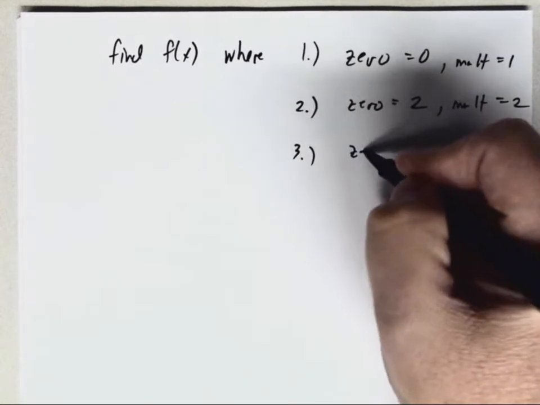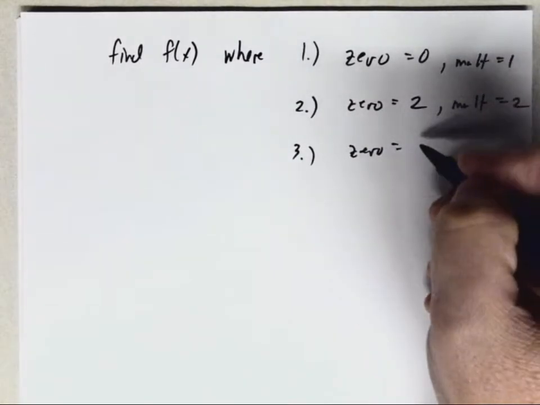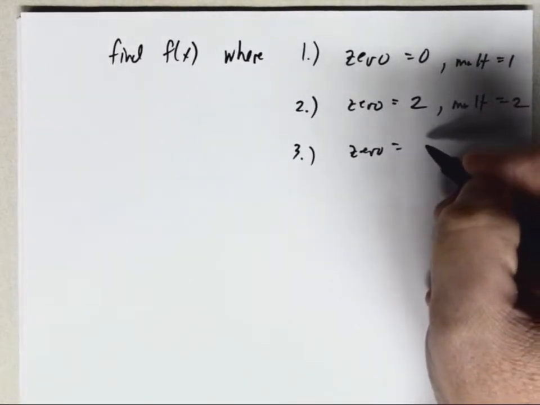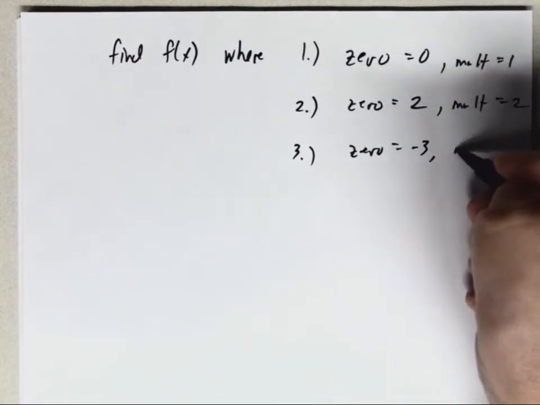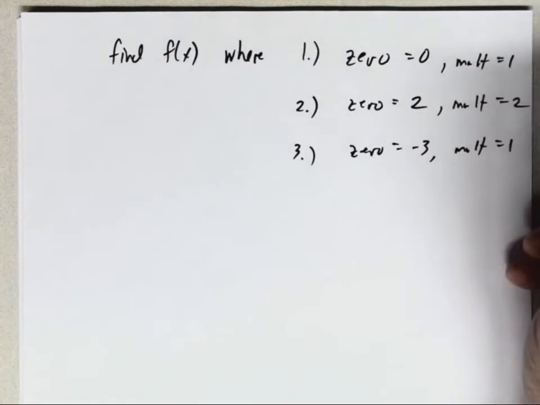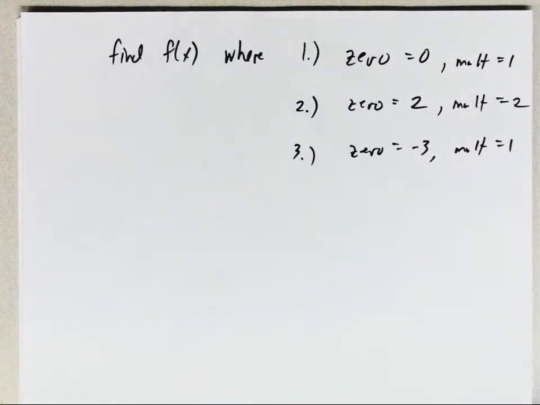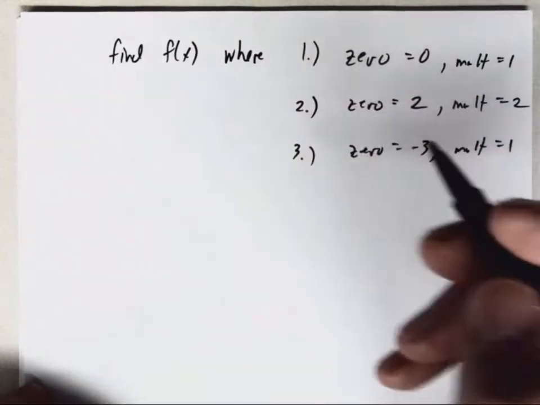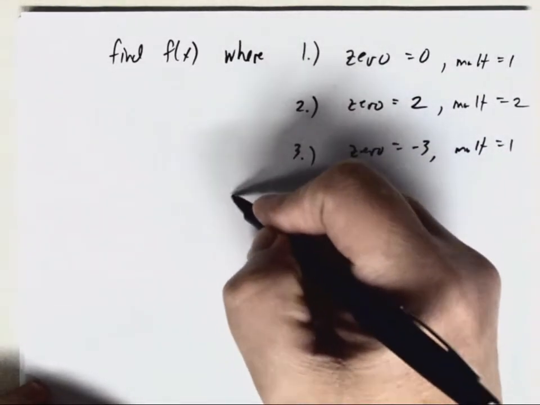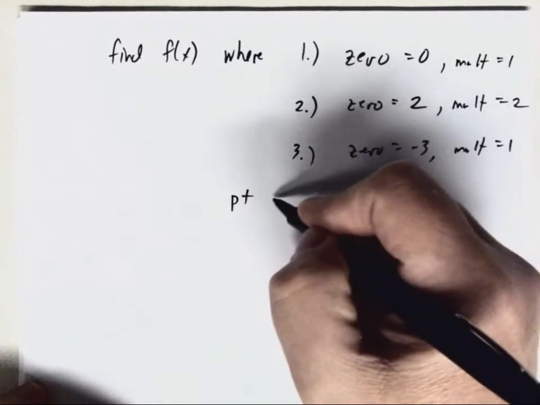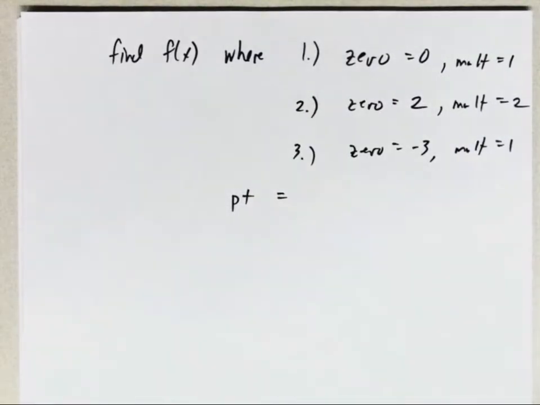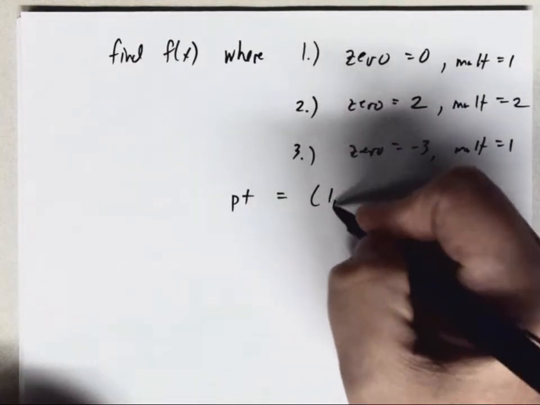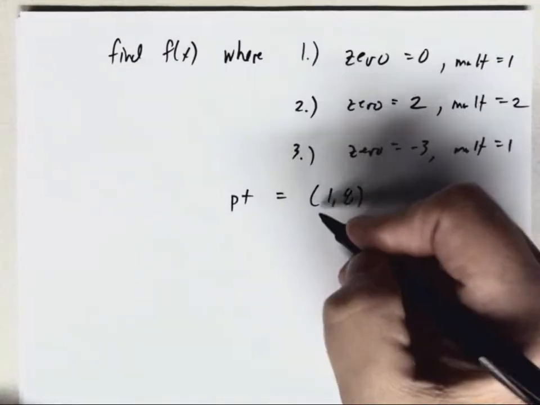And they have a third zero, which is -3. And for that one, the multiplicity is 1. Then they say one more thing. Here's a point on the function. By that they mean (1, 8).